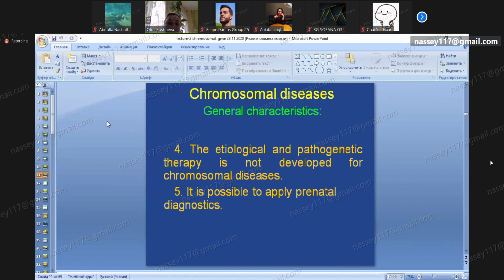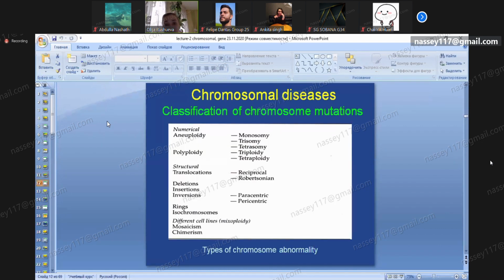Next one, etiological and pathogenetic therapy is not developed for chromosomal diseases. We can use only a symptomatic approach or symptomatic treatment for chromosomal diseases. And the last one, it's possible to apply prenatal diagnostic methods for chromosomal diseases.